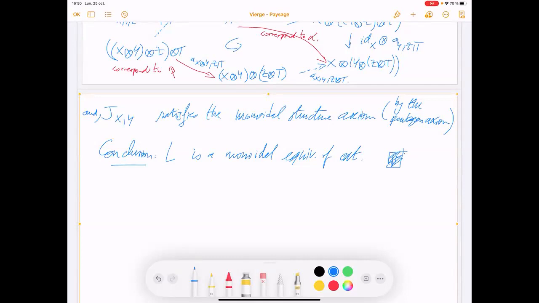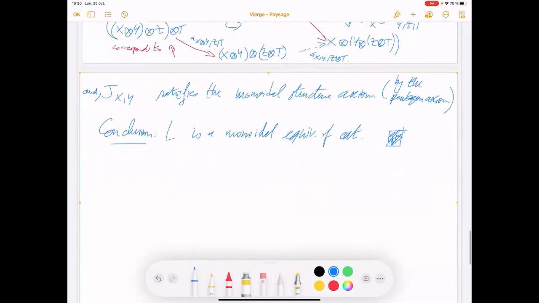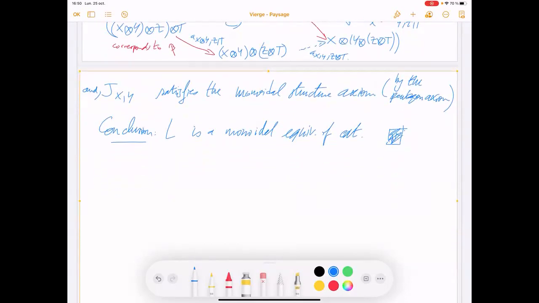We proved that L is a monoidal functor. So L is a monoidal equivalence of category. So every monoidal category is monoidally equivalent to a strict monoidal category.